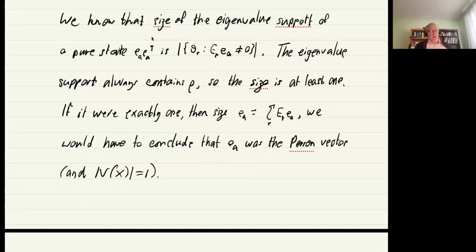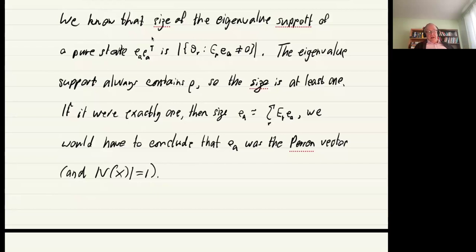My comment now is that it can't be exactly one. Suppose that it was. We can write the sum of the idempotents equal to the identity, and this statement is certainly correct. But the only terms in the sum that matter are the ones where E_r e_a is not zero. If we're assuming the eigenvalue support has size 1, we're saying that e_a is equal to E_r applied to e_a.